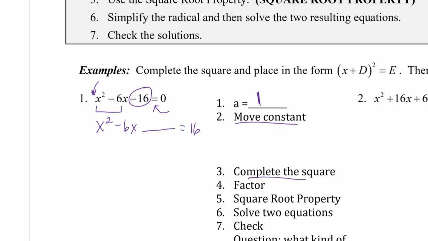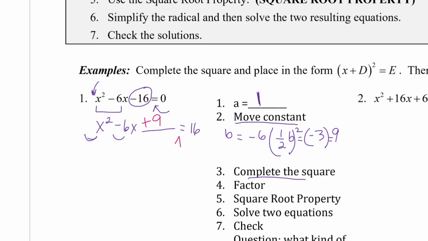Okay, and now we're going to complete the square. We're going to look at the left side. And so again, a is 1. We already checked that. B is negative 6. Half of b is negative 3. And then we're going to square that, and that's going to be 9. Okay, so that's the step that we call completing the square. And so we're going to add a plus 9 here. Now, here's the thing.